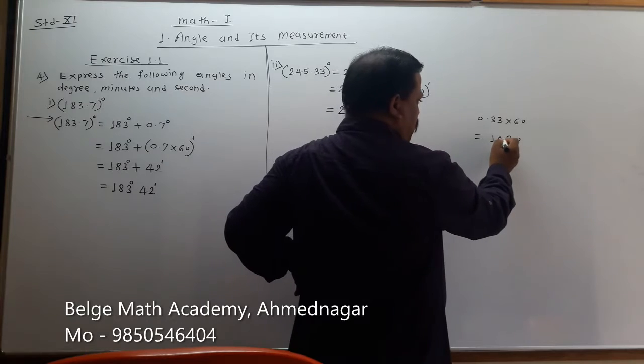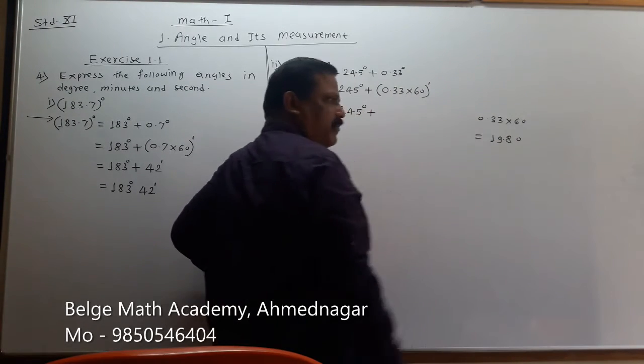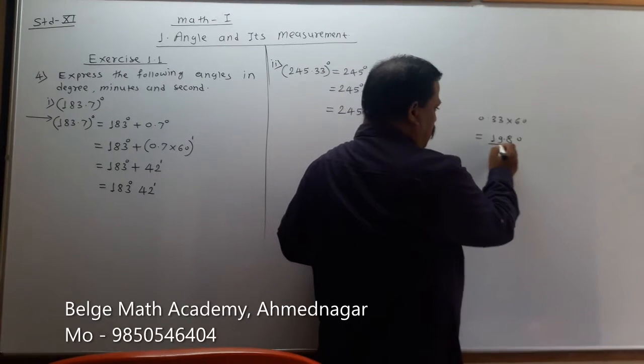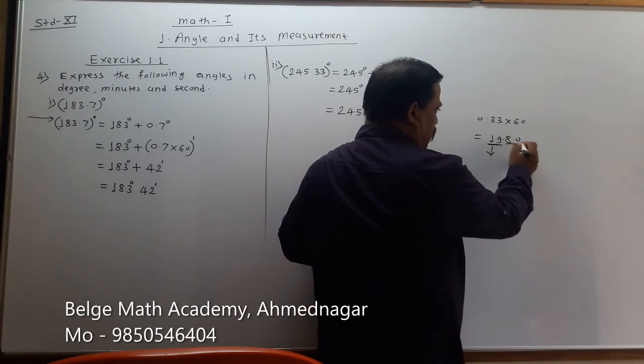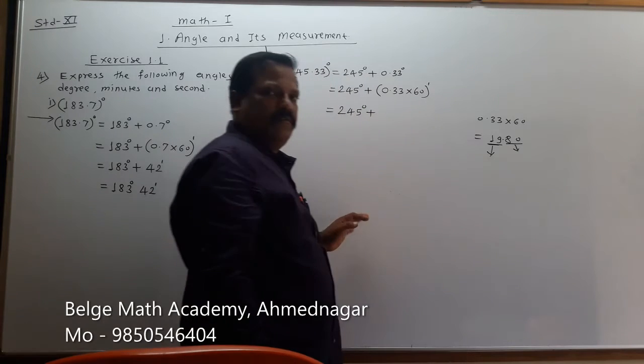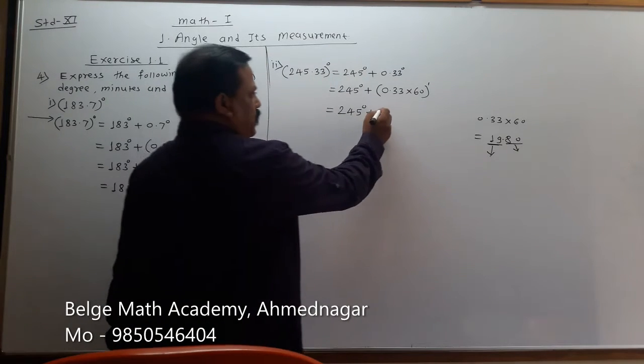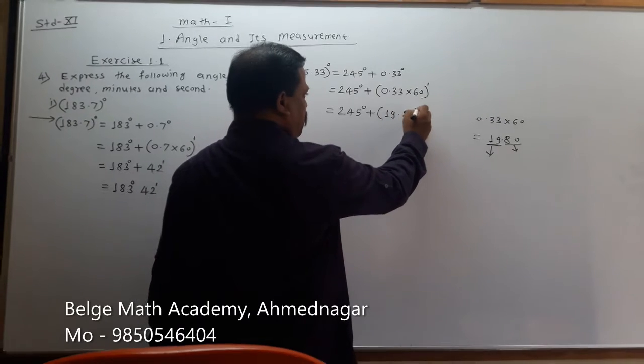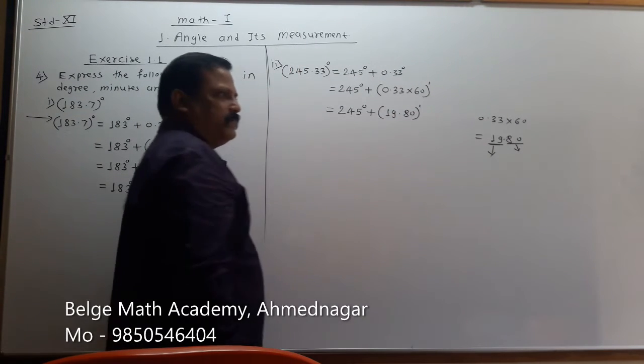After 2 places we put the decimal point. Again it is separated into integral part and decimal part. So this 19.80 is in minutes.